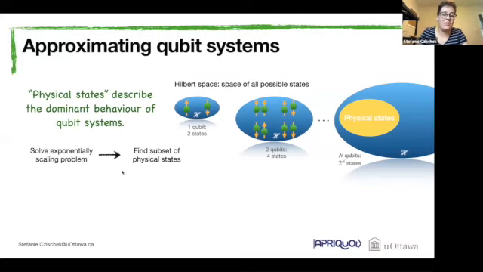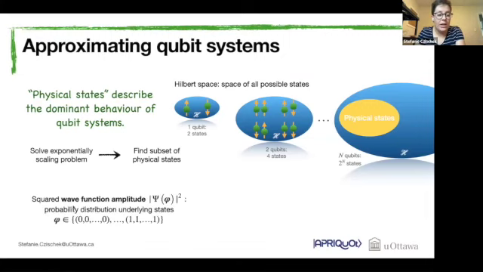And so now we have shifted our problem from solving this exponentially scaling problem of modeling exponentially many states to finding the subset of physical states. Okay, so once we have found the subset of physical states, we are good. We can just approximate our system by looking only at the physical states, but the task is still, how do we find the subset of physical states?